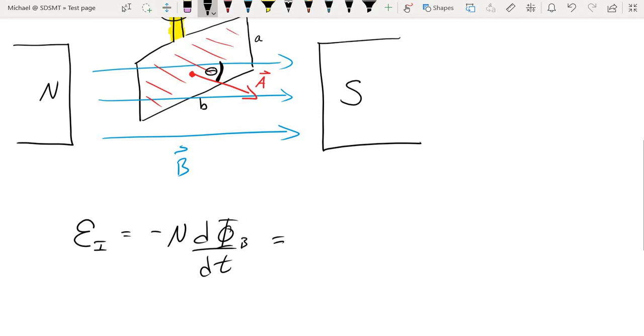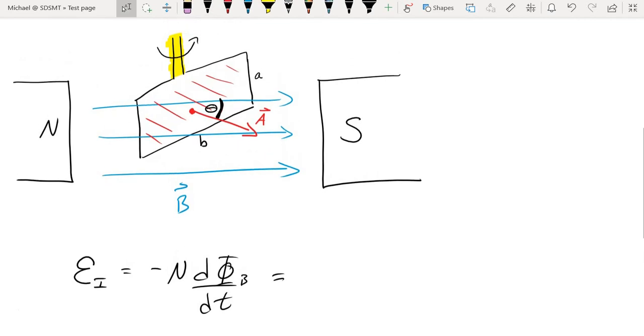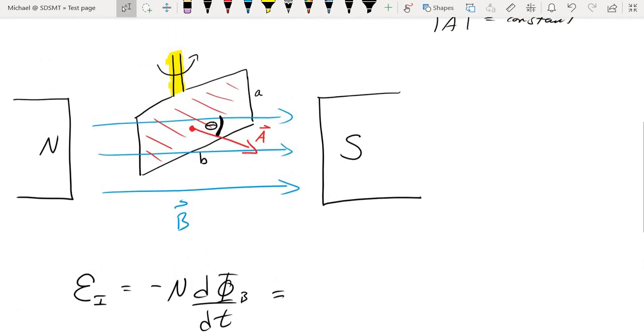The negative n out front, the negative is there to remind us that whatever happens in the system, the electromagnetic induction is going to counter that effect. The n is there to measure the number of loops that exist within our coil. This n over here, that's just the north pole of that specific magnet.